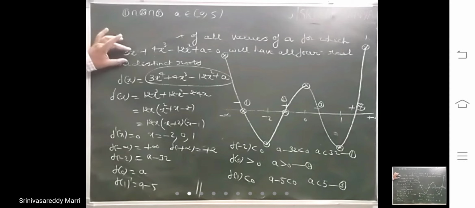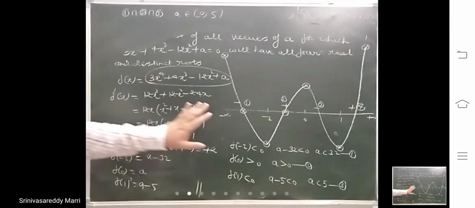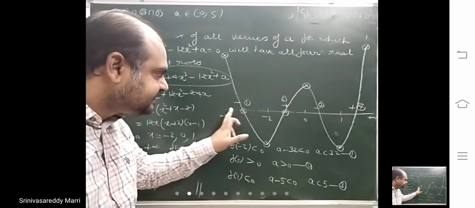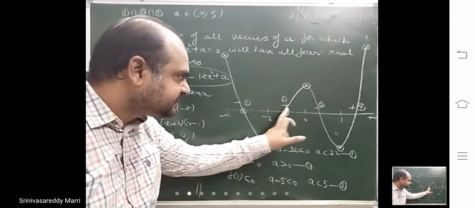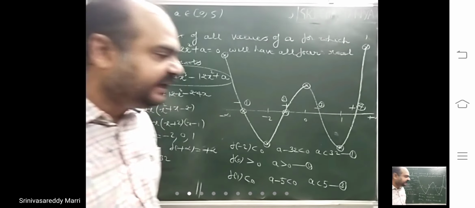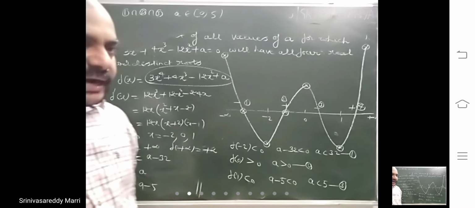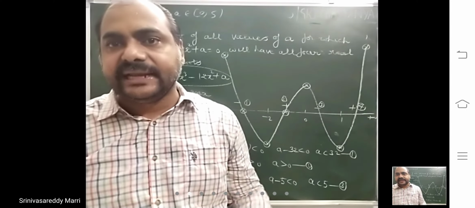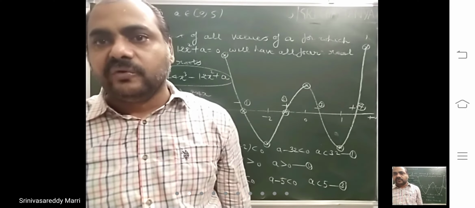If real and distinct roots are given, we have found minus infinity to minus 2 decreasing, minus 2 to 0 increasing, 0 to 1 decreasing, 1 to infinity increasing. So you know that if a function is increasing or decreasing in an interval, maximum one root will be there.